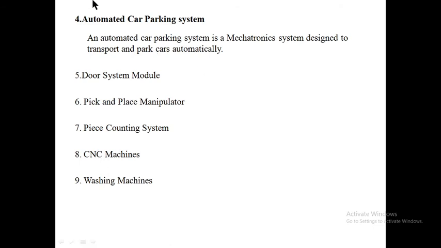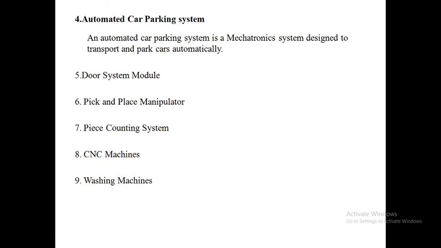Then automated car parking system. An automated car parking system is a Mechatronics system designed to transport and park cars automatically. Then again, the door system module of any automobile is a part of Mechatronics. Then pick and place manipulators.